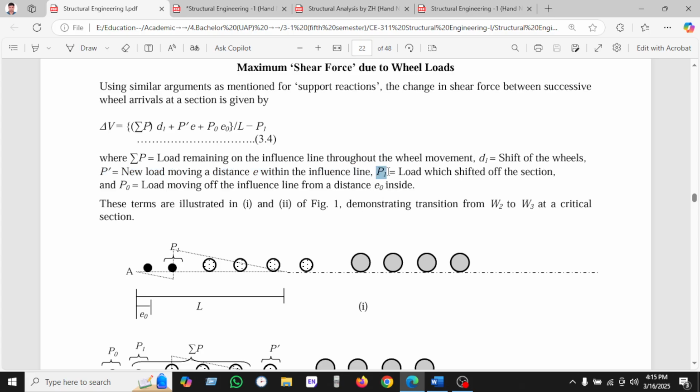P naught is the moving load off the influence line, at distance E naught. These terms are illustrated in one figure, demonstrated from wheel 1 to 3 at the critical section.